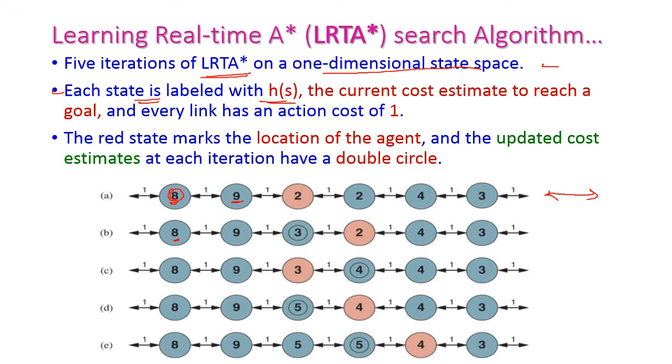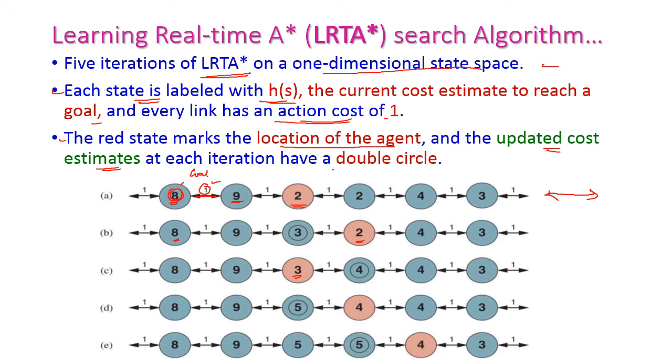The assumed cost to reach the goal, the current cost estimate to reach the goal, and every link has an action cost of 1. Every link's action cost is 1 for the forward direction as well as the backward direction, and the red mark shows the location of the agent on every iteration.